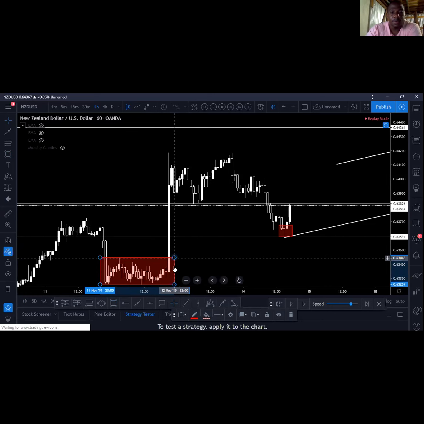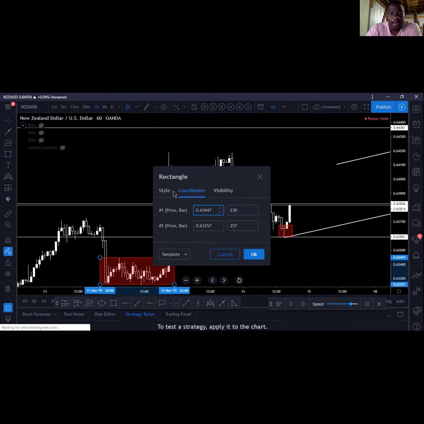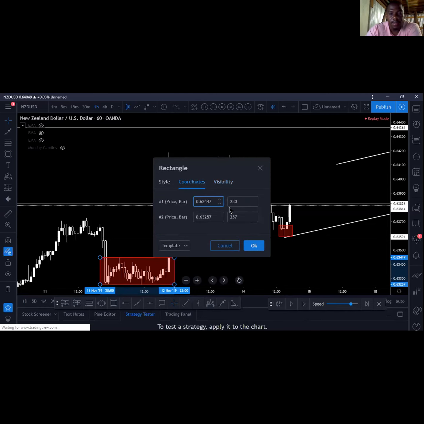So when we identify a zone, what you could do is use my rectangle, go into settings, and normally you will see style, coordinates, visibility. In coordinates, you could extend the rectangle out.